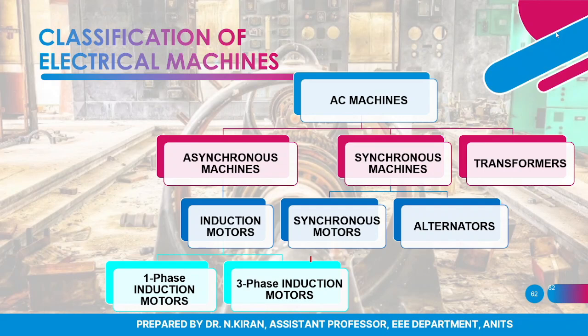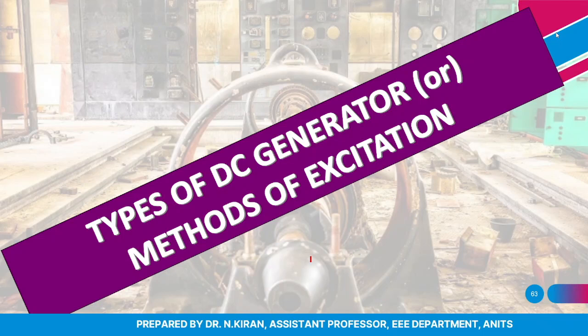Asynchronous machines are classified as induction motors. Synchronous machines can be classified as synchronous motors and alternators. And again, induction motors have two types, single phase and three phase induction motor. AC machine is not our concern in this module. In this module, we are only concerned about the classification of DC generator.